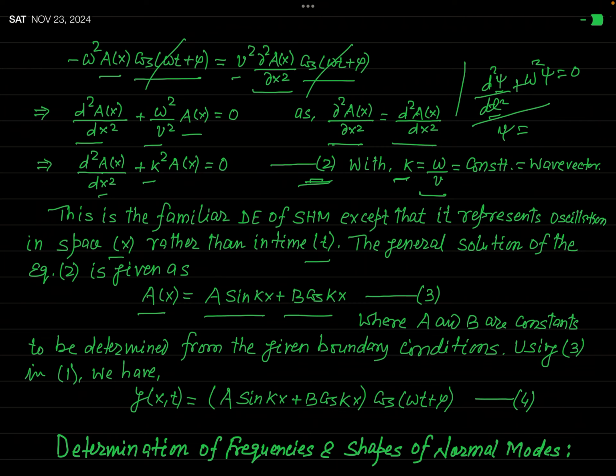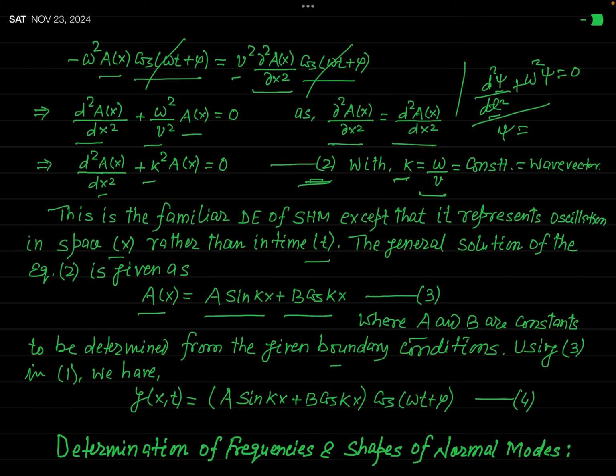Here a and b are two arbitrary constants. These are in fact integration constants, and they are determined from the proper boundary condition. We will see later in this lecture what the boundary condition is to evaluate these constants a and b. So using the proper boundary condition, you will be able to find the values of a and b.